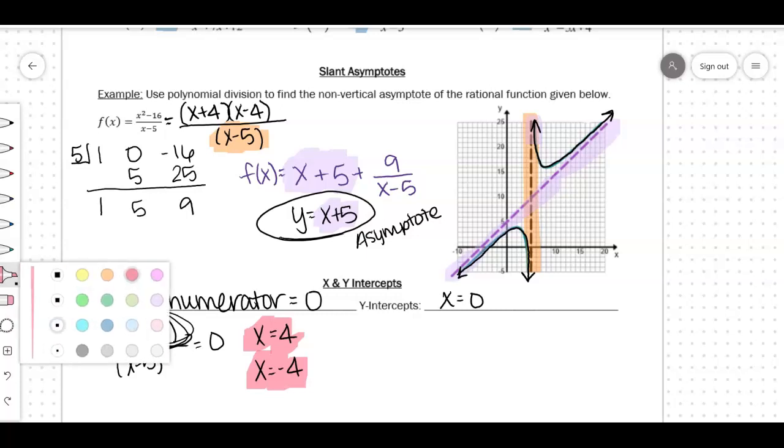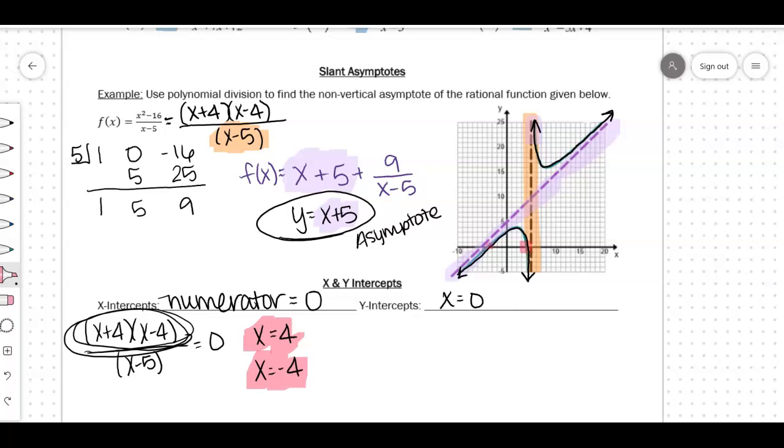And so comparing that to what we see on the graph, here was positive 4 and there was negative 4. Our y-intercept happens when x equals 0, so we can just plug in 0 wherever we see an x.